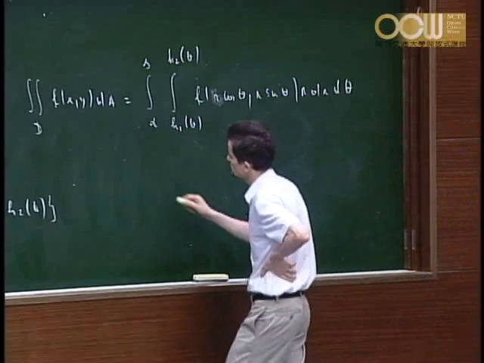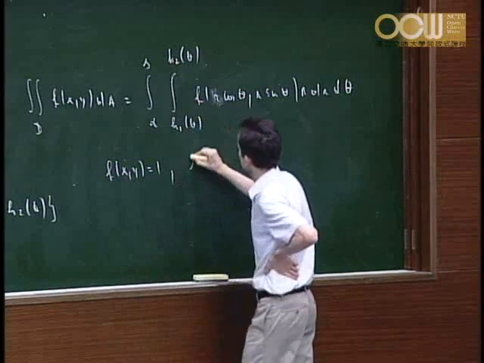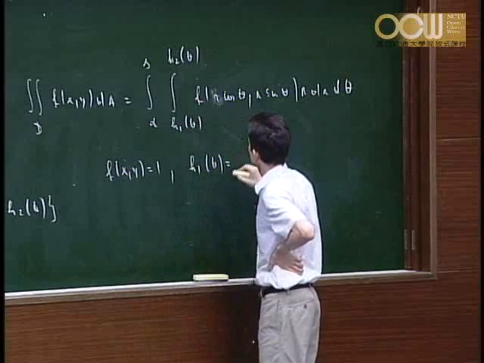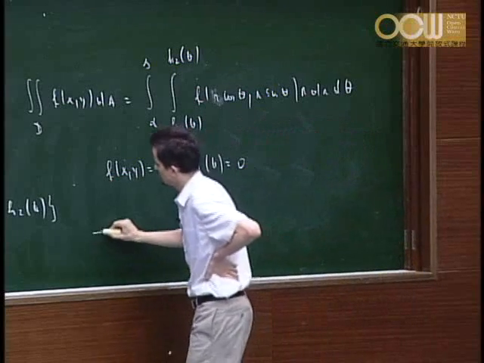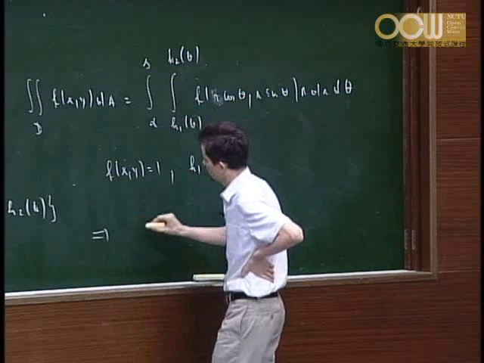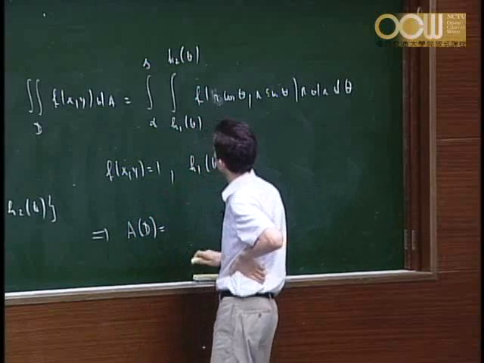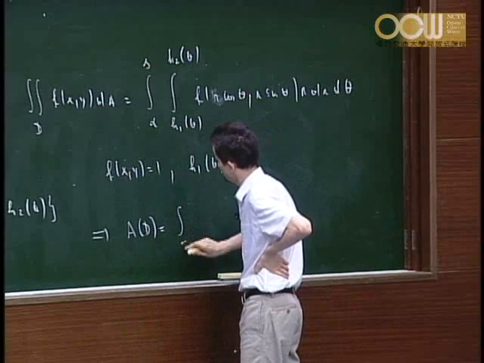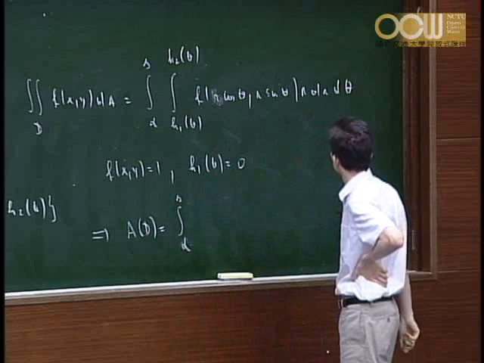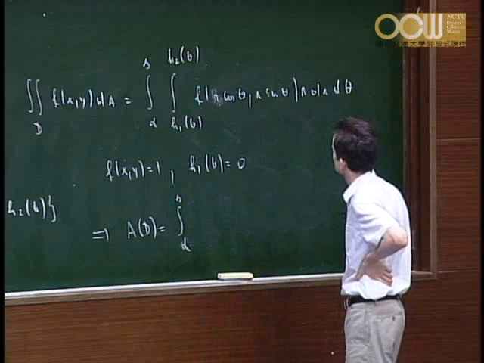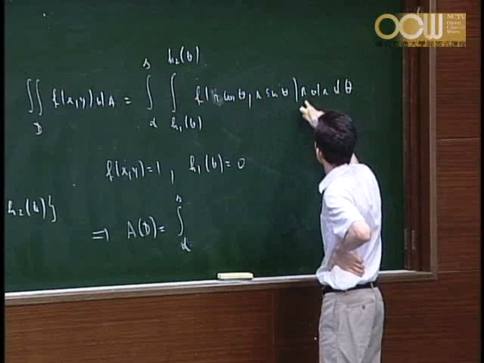For this more general situation, you see that if the function is equal to 1 and h1 of theta is equal to, let's say, 0, then what you get is just the area of the region here. For this area we have the integral from alpha to beta, and the inner integral of 1 times r gives r square half.